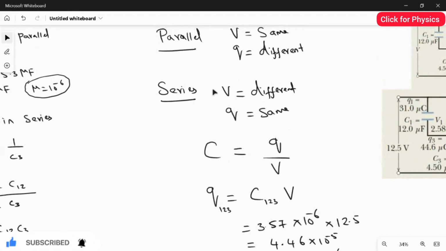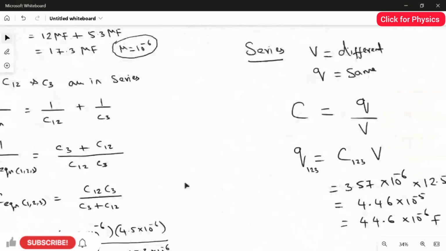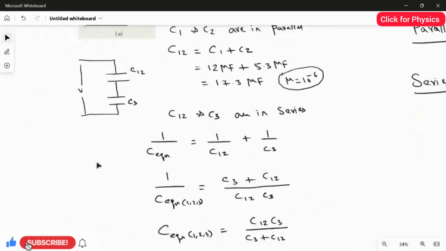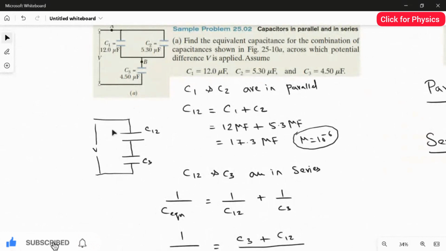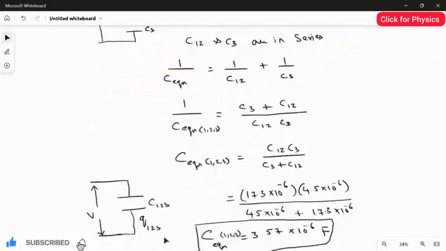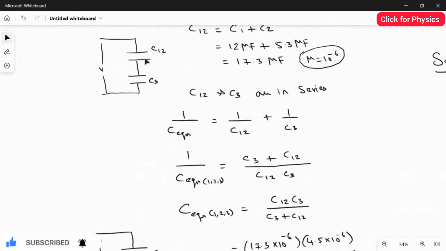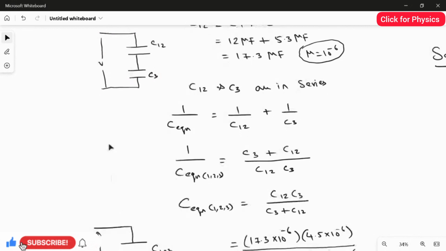Now you can see what we studied. If your connection is in series, the charge will be same, but the potential is different. So we can go back to your previous question. After you find the combination of C1 and C2, now these two are exactly in series. So the charge of the combination will be exactly equal. That means the charge in C12 is exactly same as the charge in C123, because both are in series.